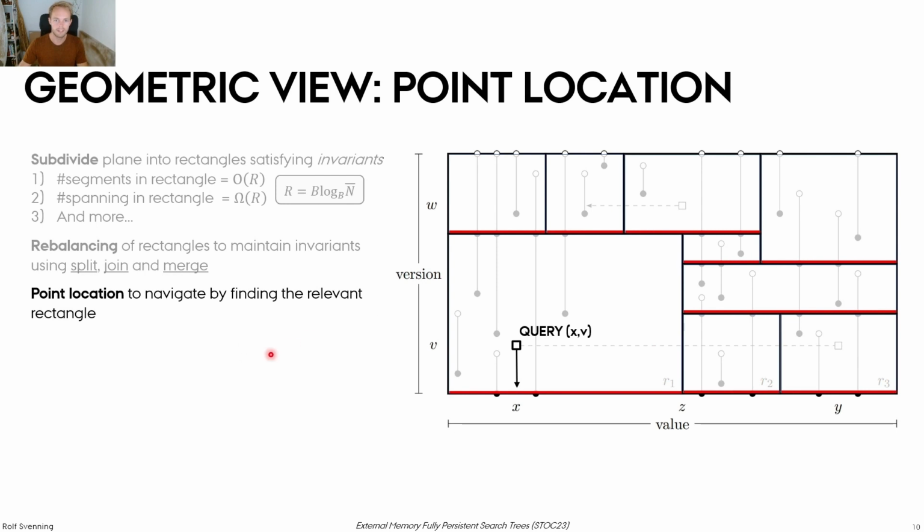Next up, we need to navigate this geometric view, and we have created all these rectangles. Now, for example, for a range grid like this, we need to find this first rectangle here. And this is again something that takes place one level up, on this rectangle level of view.